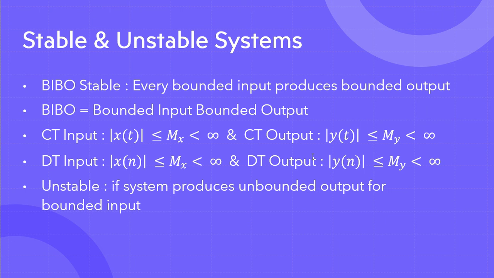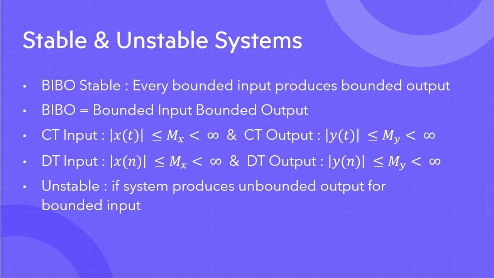That is for outputs, right? And when do you call your system an unstable system? If your system produces unbounded output for even bounded inputs, then your system is called an unstable system.